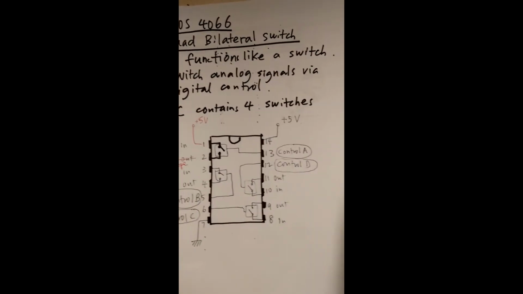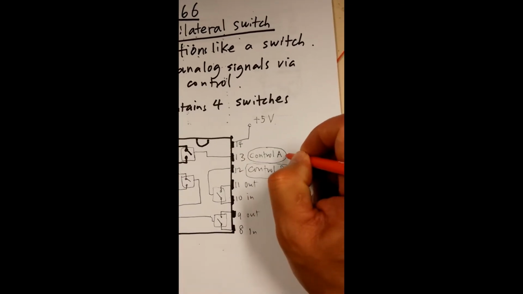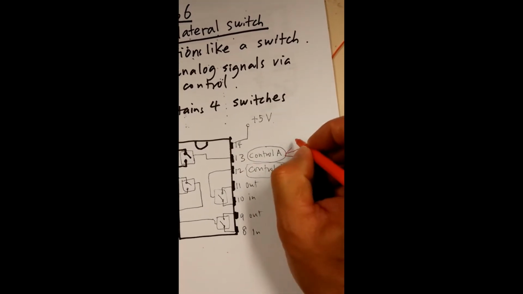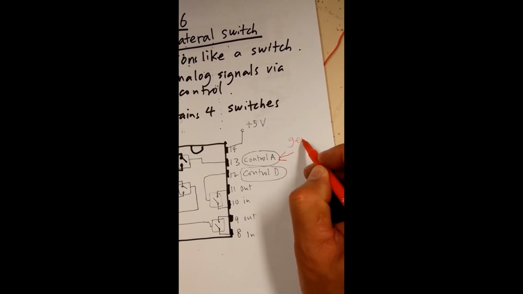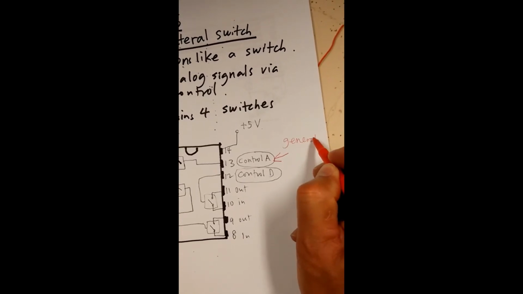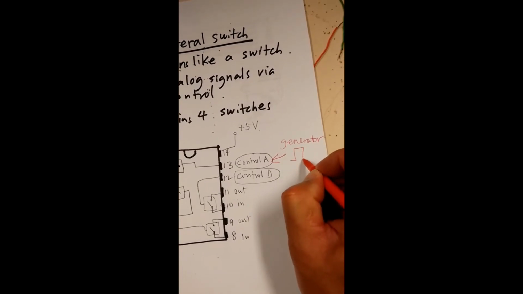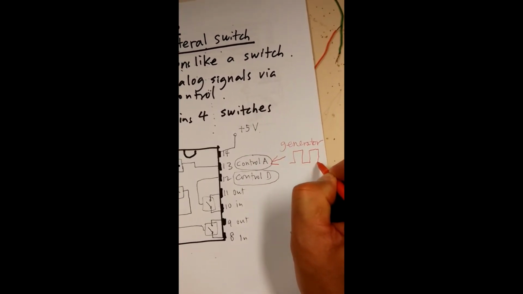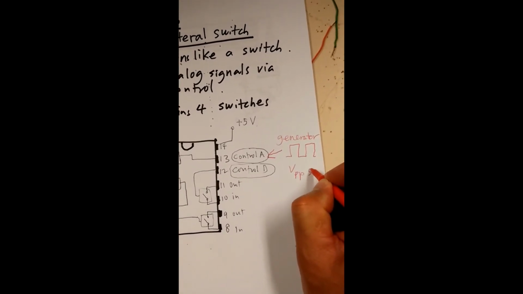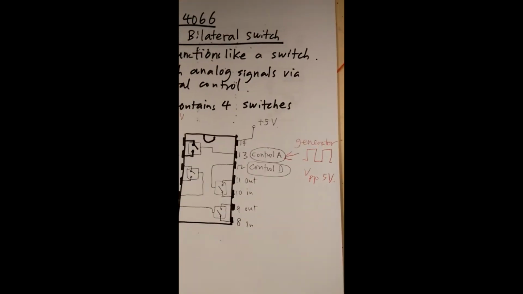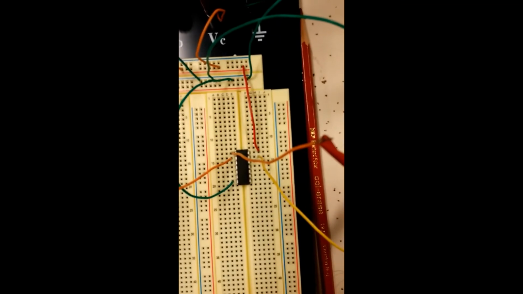Very simple. For pin number 13, following the instruction, you can use the generator and feed in a square wave with peak-to-peak voltage of 5 volts. This is the circuit I have built.